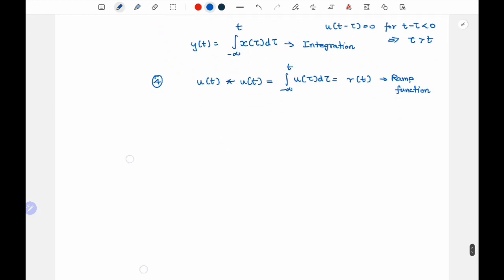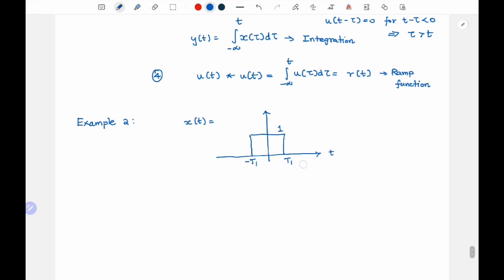So let us see another example, a simple example. Example 2. So we take x of t to be, let's say, this is the signal. It extends from minus t1 to t1, and the amplitude is 1. Okay, this, let's say, is the time axis, and this is x of t.